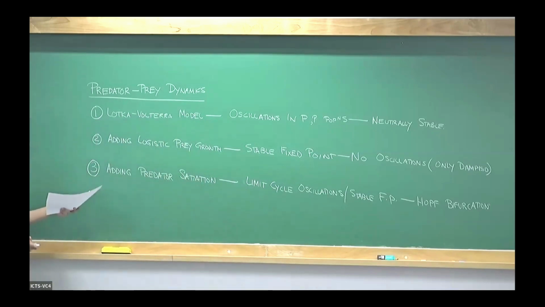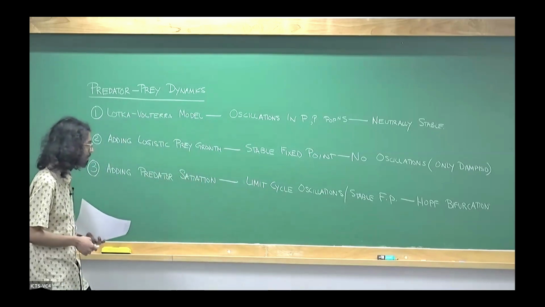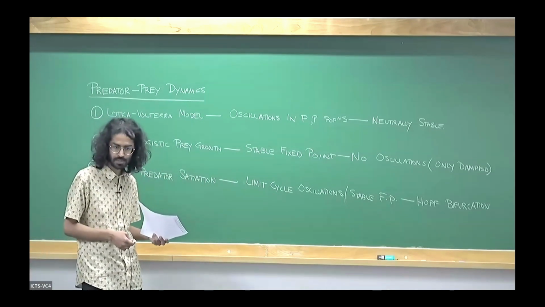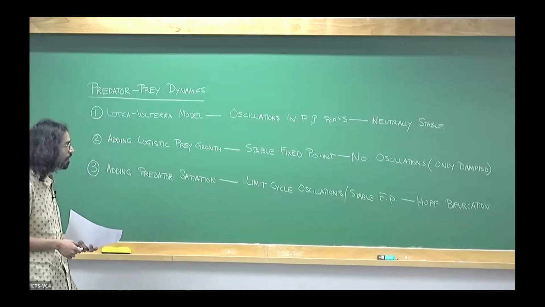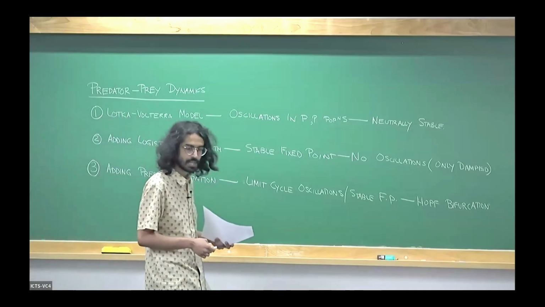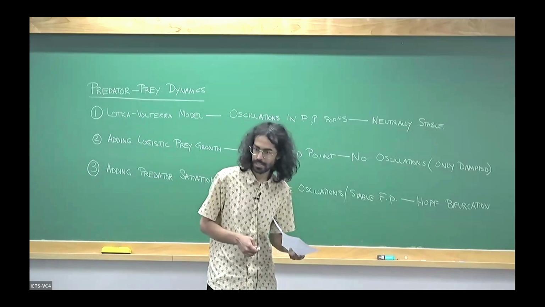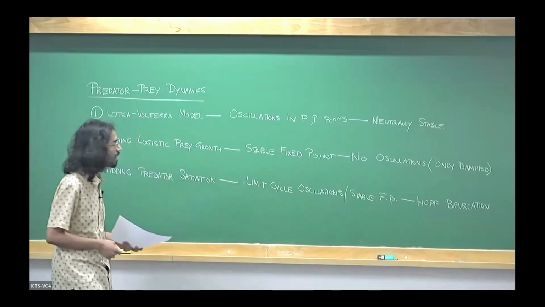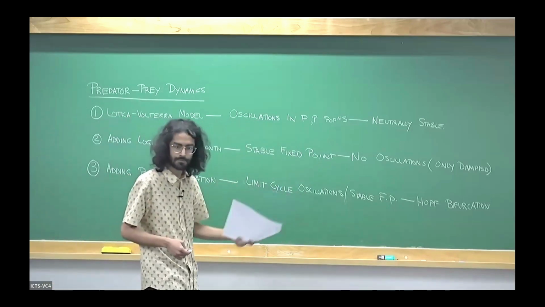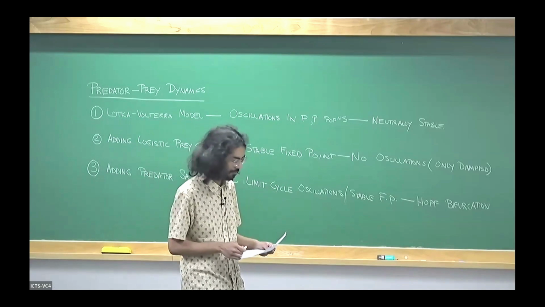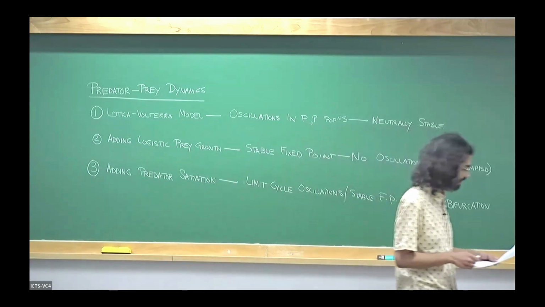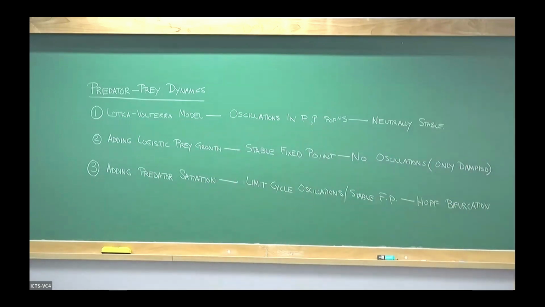And then after that, we'll add this phenomenon called predator satiation, where finally we will discover that we can get these nice kinds of oscillations, which we like to call limit cycles. In particular, we'll learn about a new kind of bifurcation, which is this Hopf bifurcation. So that's the plan for the class.